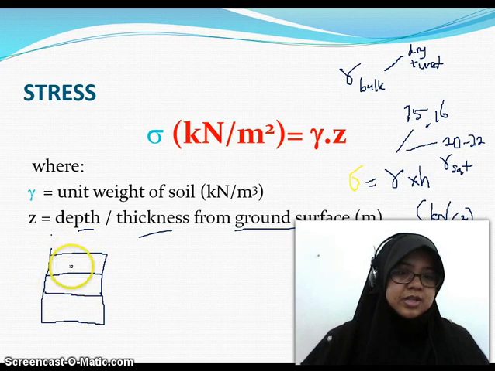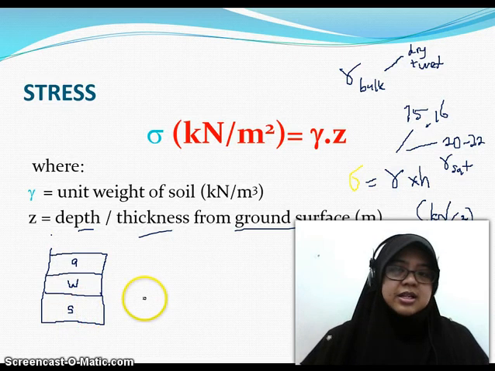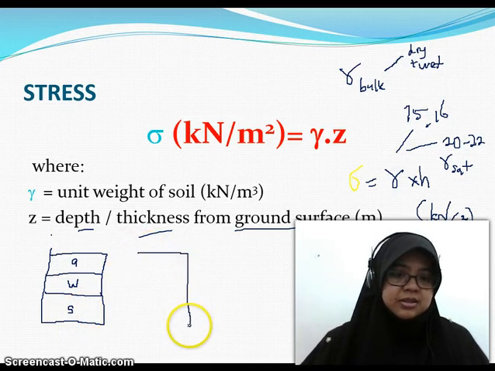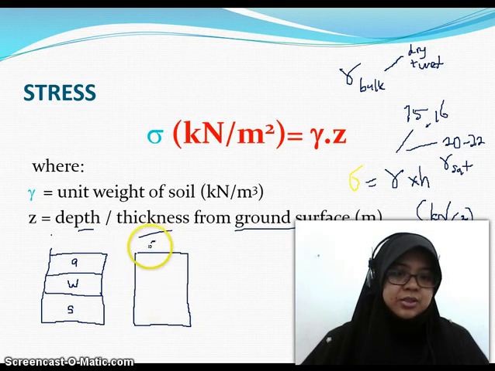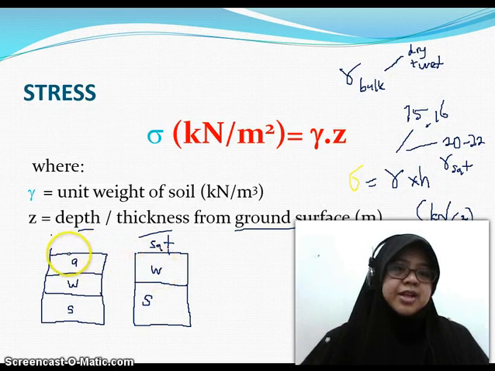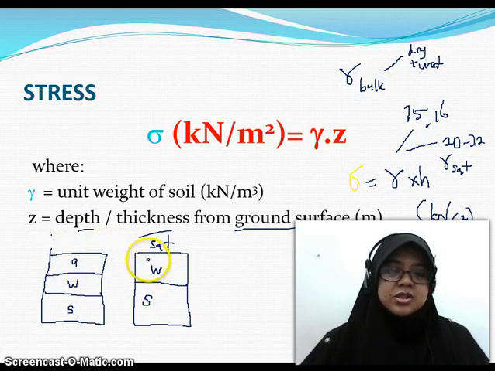We know that in soil we have air, water, and solid. For soil that is fully saturated, they only have solid and water. The voids, or the air in the soil, are already filled up with water.